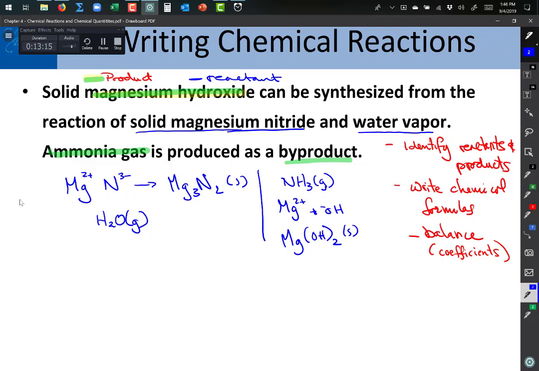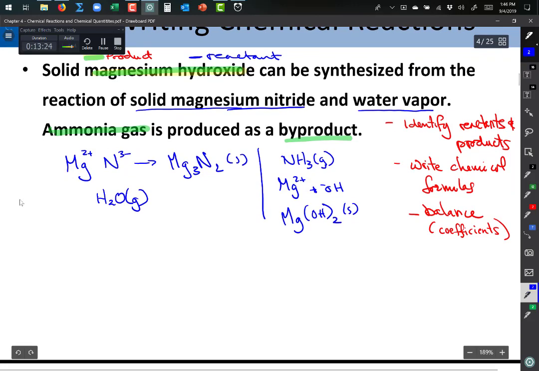All right. So now what I have to do is I have to write everything in a chemical reaction, reactants to products. So I have magnesium nitride, Mg3N2 solid, plus, let's see, water vapor, which is H2O gas, a reaction arrow, and I'm going to have my products, which are going to be, oh, I have backwards, huh?